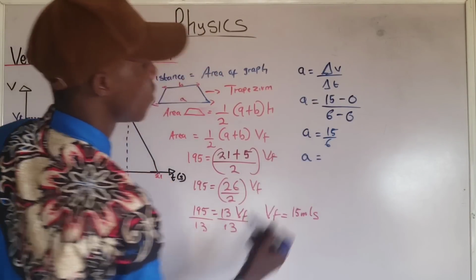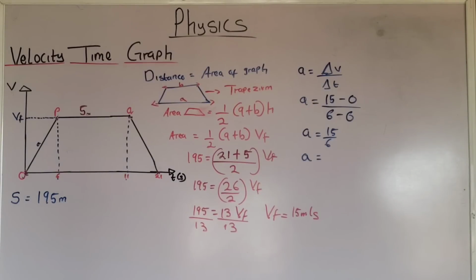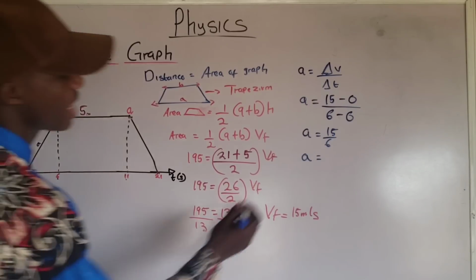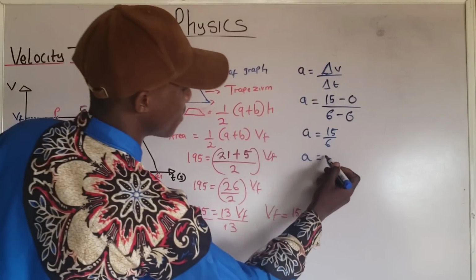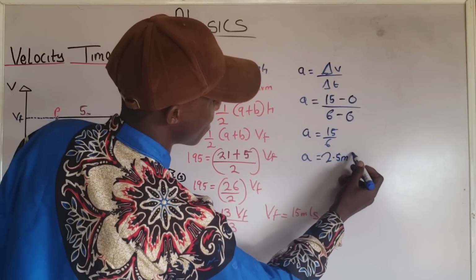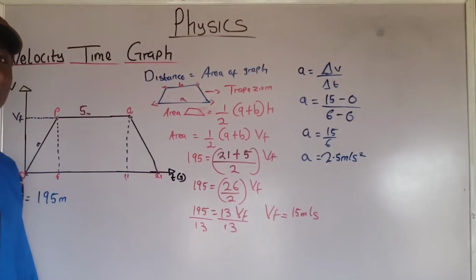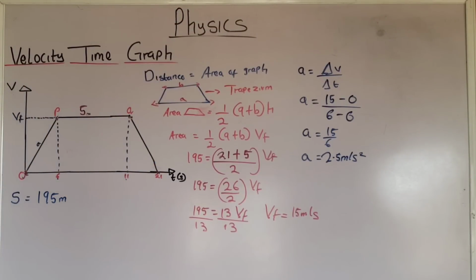Acceleration is equals to 15 divided by 6. What's the answer? 15 divided by 6 is 2.5. Acceleration is measured in meter per second squared. So I'm going to have 2.5 meter per second squared. Do you understand? Okay, now let's say the question now says we should determine the acceleration of the body.